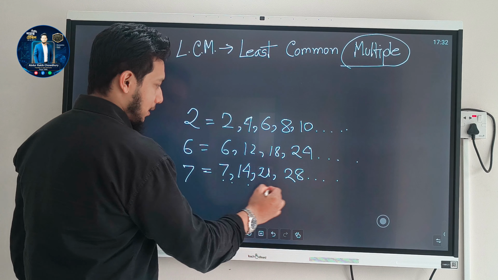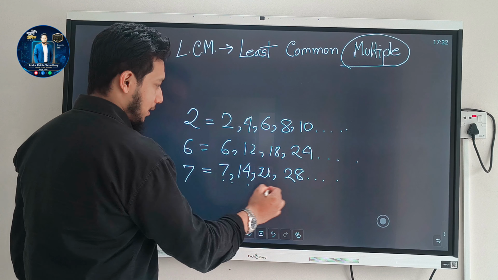So these are the multiples of the separate individual numbers. What are the common multiples in all of them? 4, no. First of all 8. 8 is the least common multiple, as it is the smallest common multiple. After that we have 16.